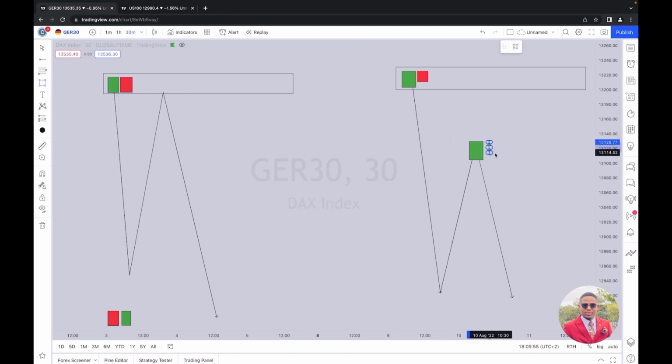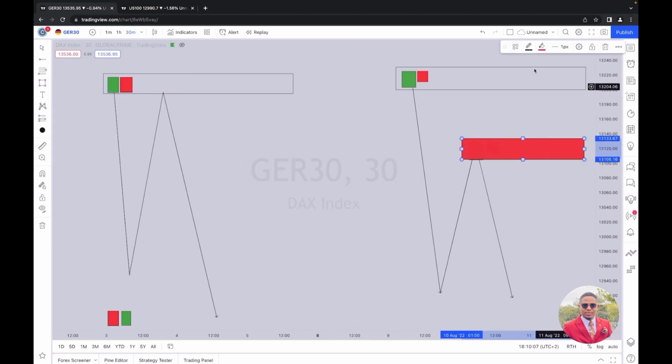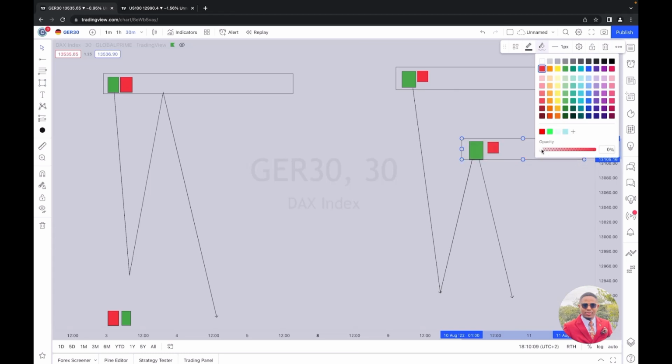Then here, there's always a bearish candle. A bearish candle means a red candle, a seller one. Then after that, we're going to have another OB here, a second OB.